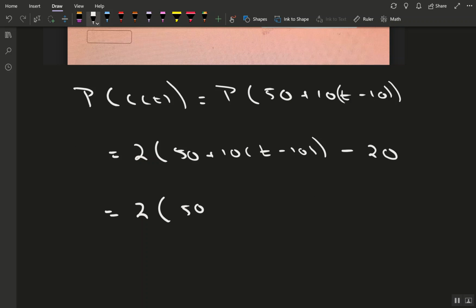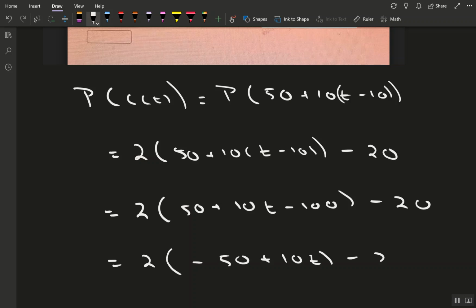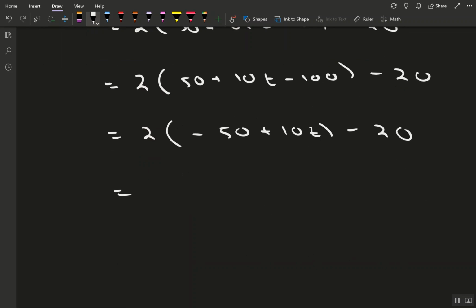2 times 50 plus, distribute that 10, 10T minus 100, shut it down, subtract 20. I'll combine like terms here, so that's a negative 50 plus 10T, all that minus 20. And then I'm going to distribute that 2, and I'll get a negative 100 plus 20T minus 20.